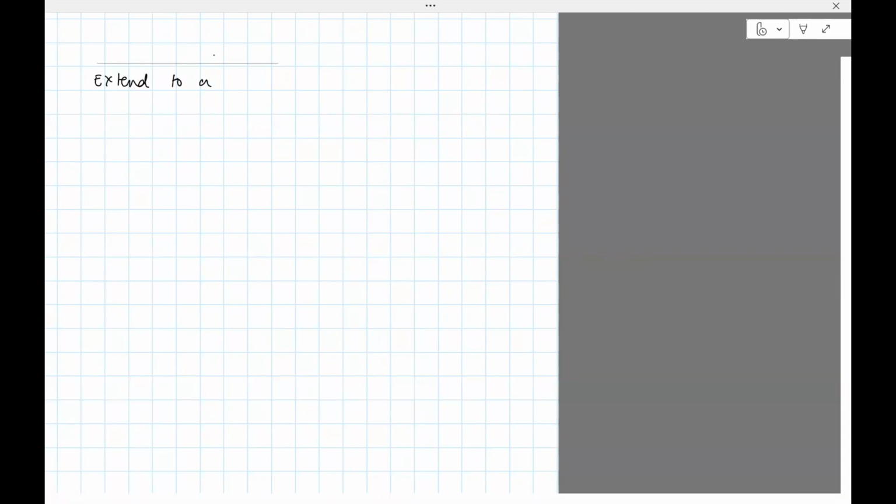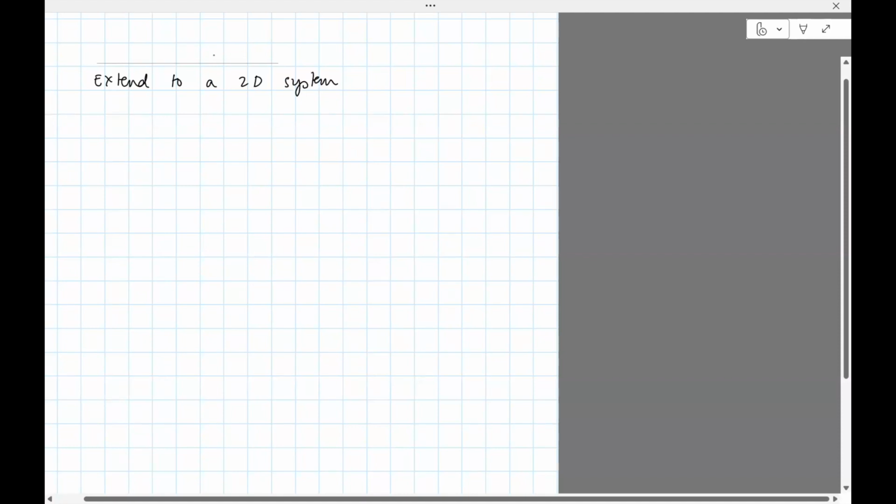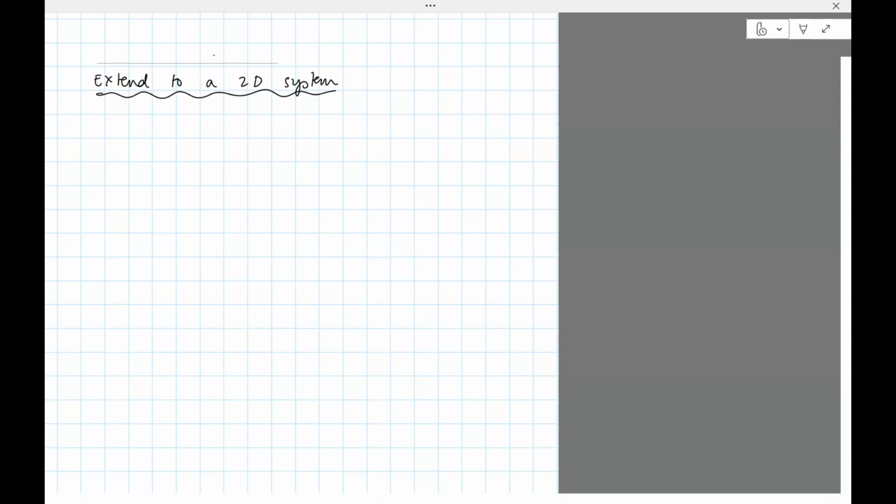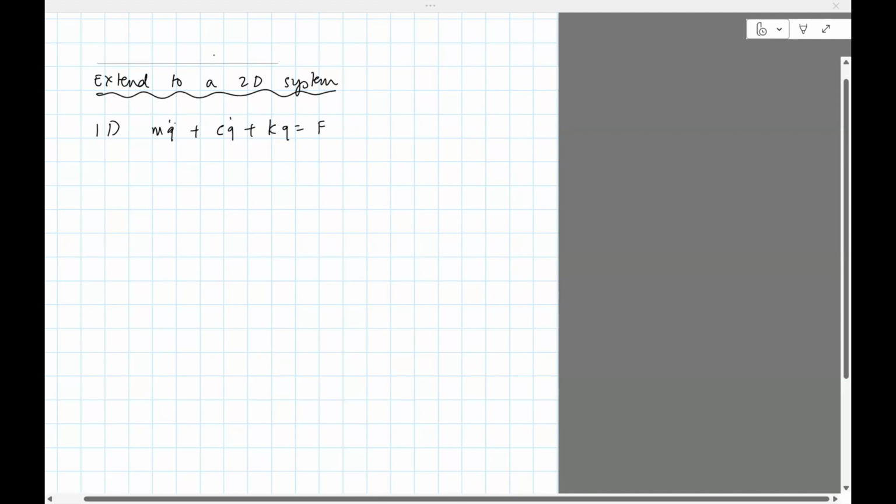Extend to 2D system. Okay, so what does a 2D system look like? So the 1D system was... A 2D system would look something like this.